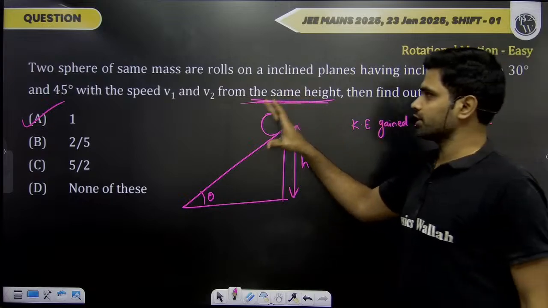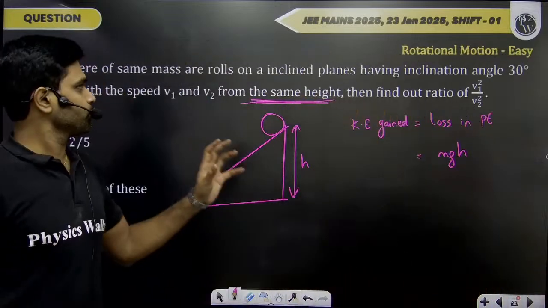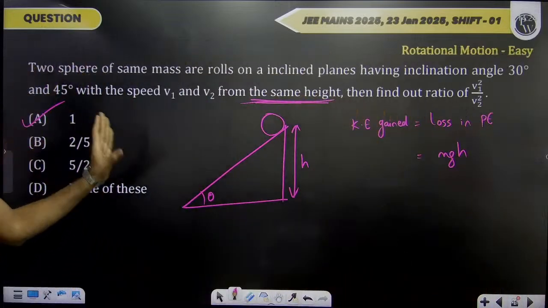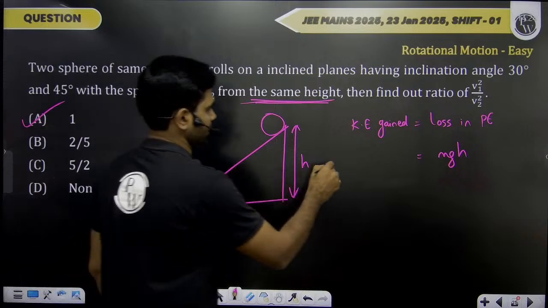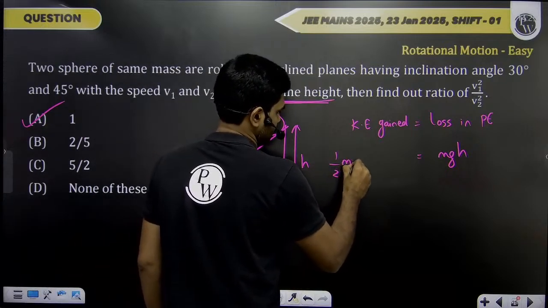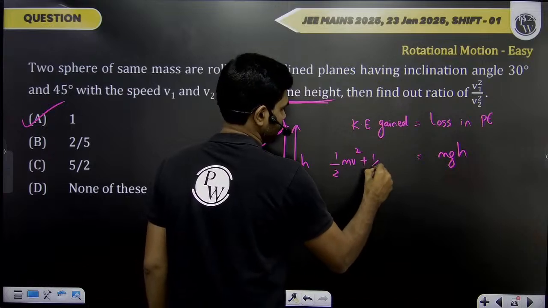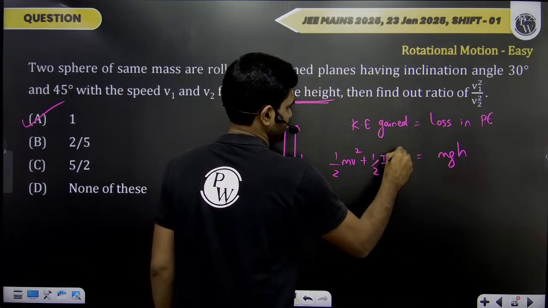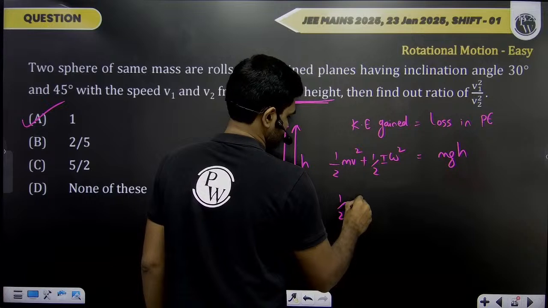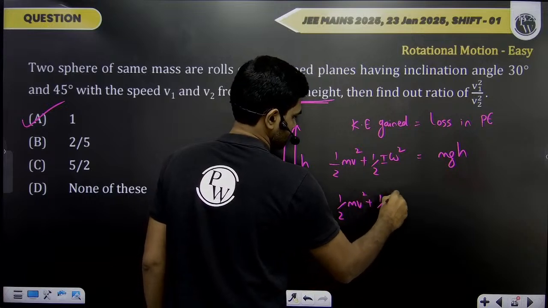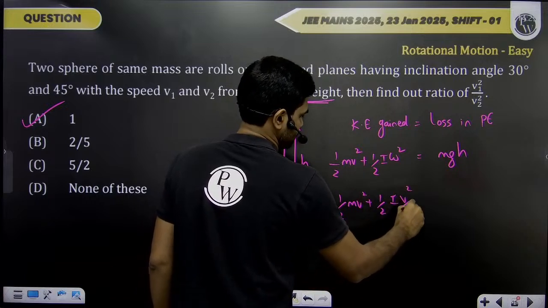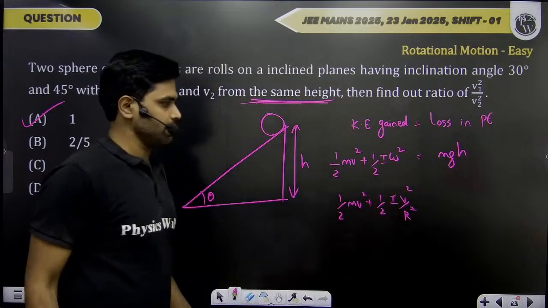A spin-off question would be, instead of two spheres, if they give different bodies, then things may change, because the energy is half mv square plus half I omega square, which is half mv square plus half I v square by r square, because of the rolling condition, omega is v by r.